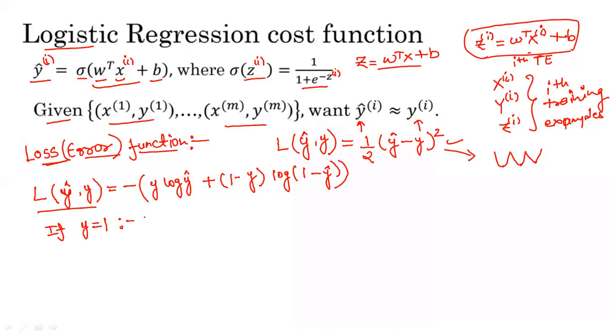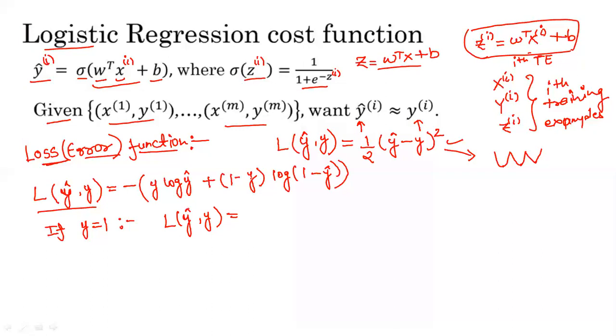Okay, so one thing you can do here is pause my video lecture, and in the meantime try yourself: if I put the value of y as 1, then what will happen to this equation? This equation will become L of y hat comma y equal to, now if I put y equal to 1, then this will become 1, and this will become log y hat only, plus 1 minus 1.